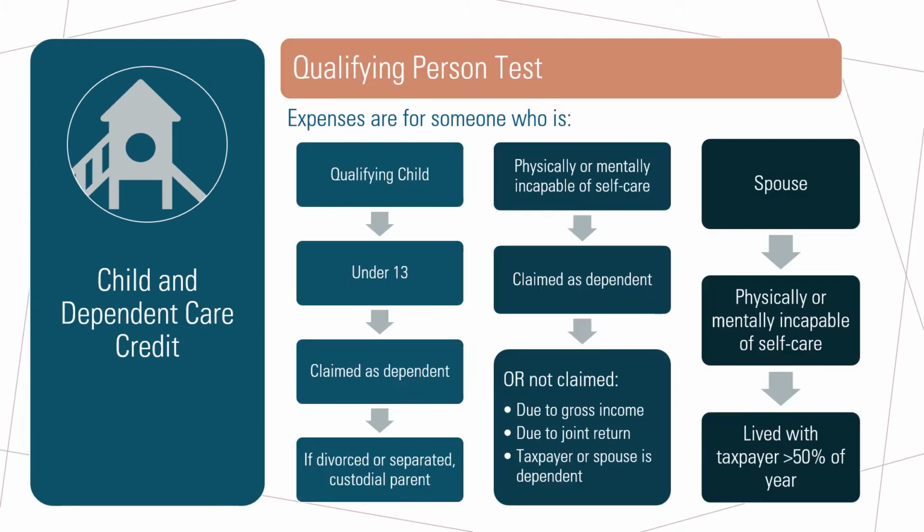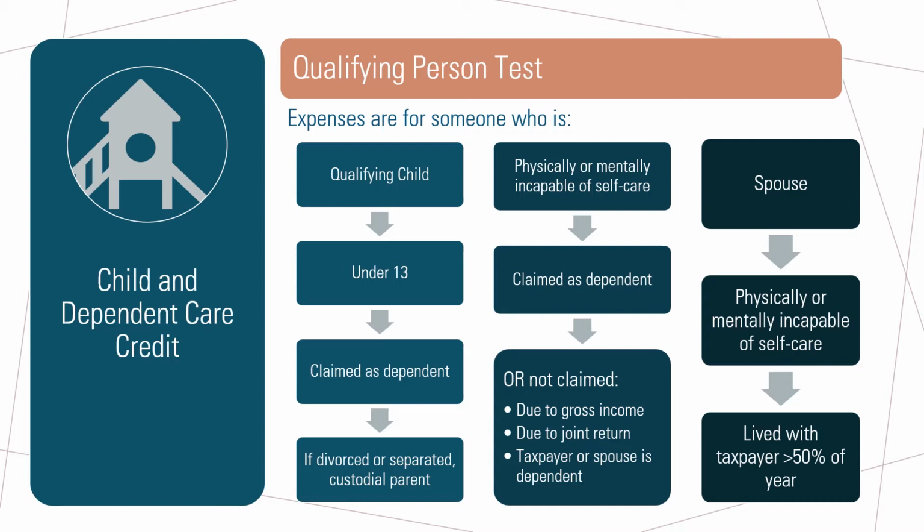Our qualifying person test refers to the person that our taxpayer is trying to claim they had expenses for. So there's kind of 3 categories. One category is a qualifying child. And this qualifying child needs to be under the age of 13. They need to be claimed as a dependent.